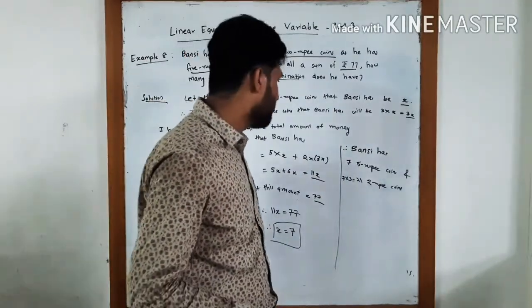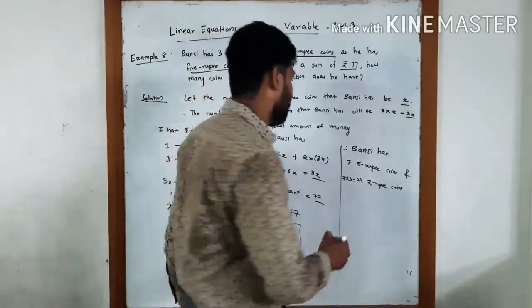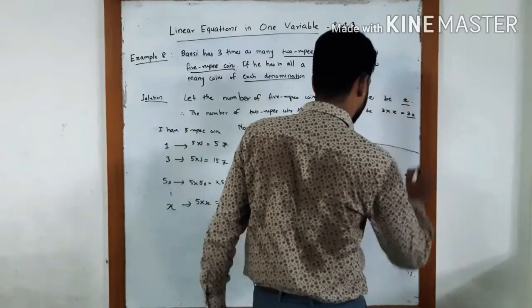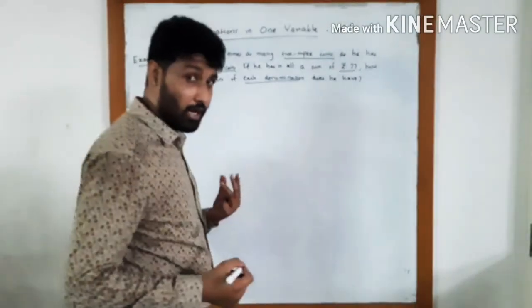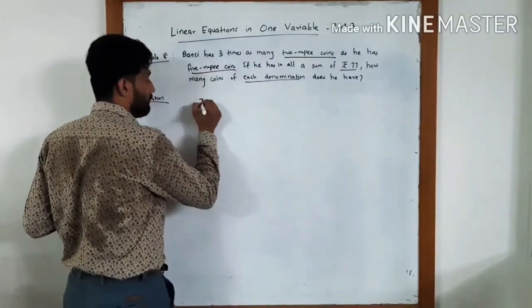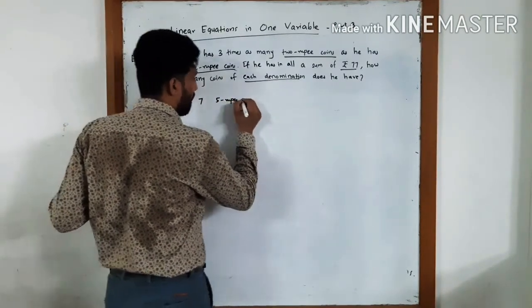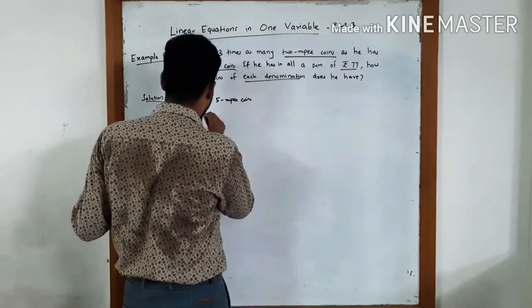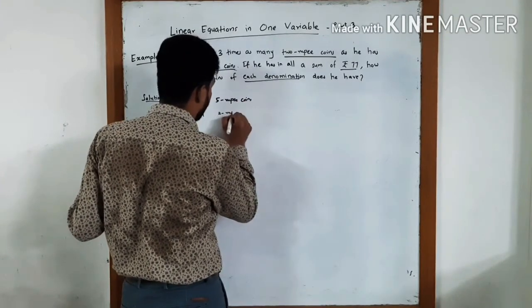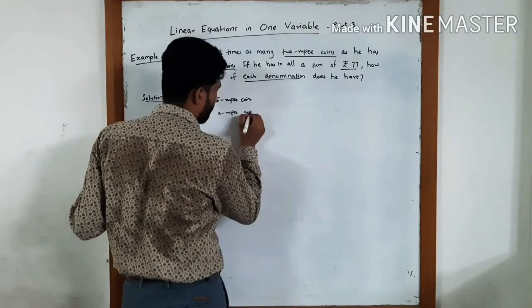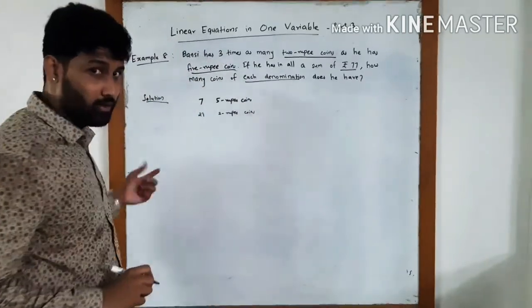Seven 5 rupee coins and 21 2 rupee coins. This is your answer. So the answer we got is 7 5 rupee coins and 21 2 rupee coins. Fine, this is what we got.